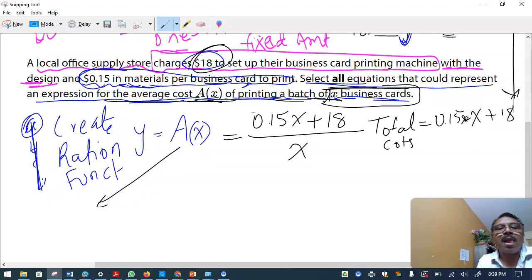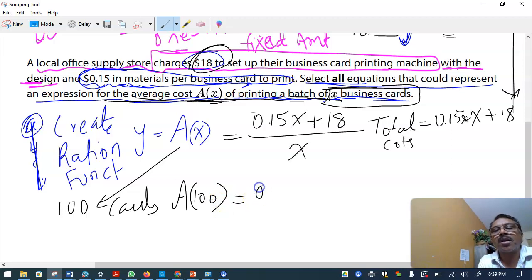If you order 100 cards, the average cost of printing 100 cards will be, you put x equals 100 and you put 0.15 multiplied by 100 and then plus 18 and then divide by 100.